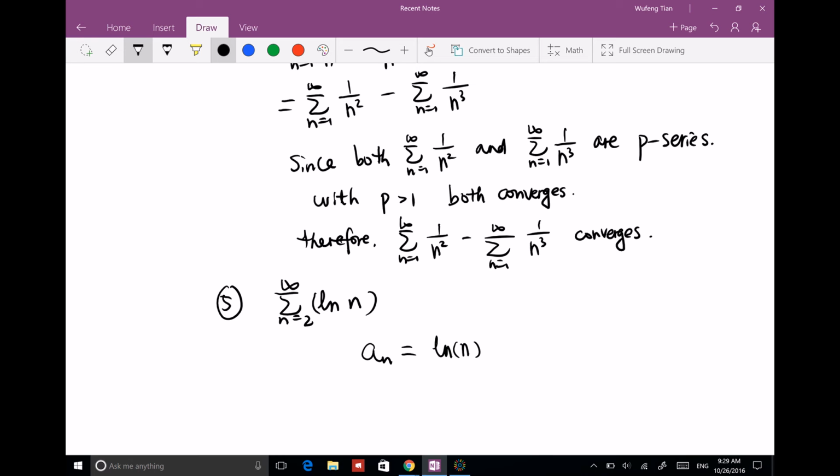So if the limit of a_n as n goes to infinity is not equal to 0, then it will diverge. Very good. It diverged. Perfect. You did a very good job. So the nth term, limit as n goes to infinity of ln n is not equal to 0, so this diverges.